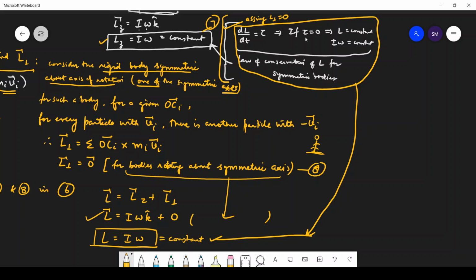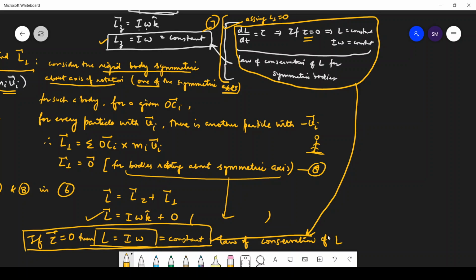Now you can write that if the torque applied on it is 0, then L is constant. If the torque is 0, then this I omega is constant, and this is the law of conservation of angular momentum for symmetric bodies.